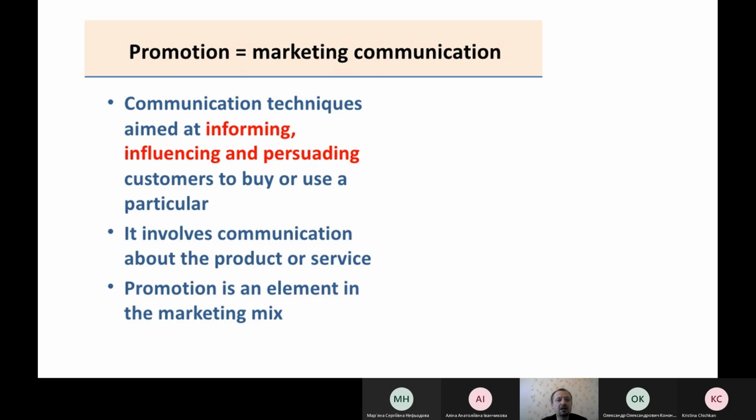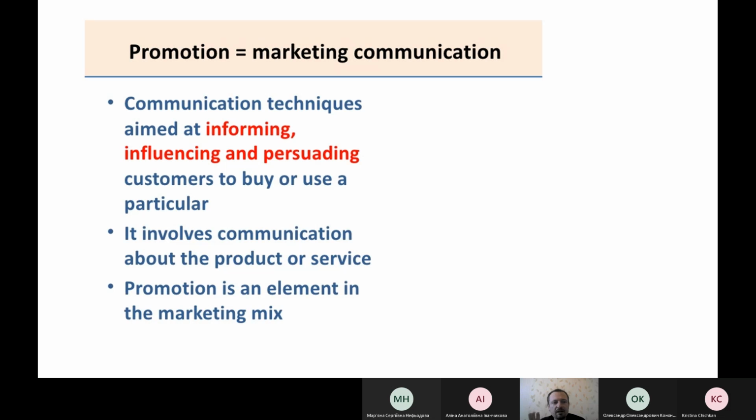And generally, I'd like to stress that it must be a little bit separated in your report, because any promotion is connected with two pieces of activities: informing and persuading.